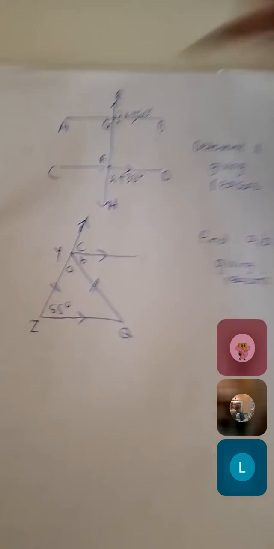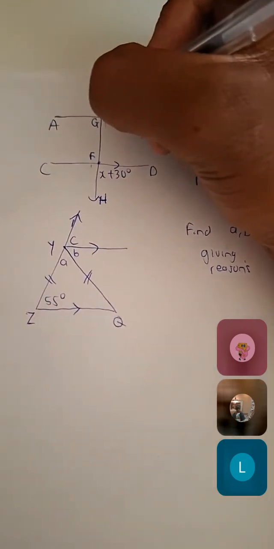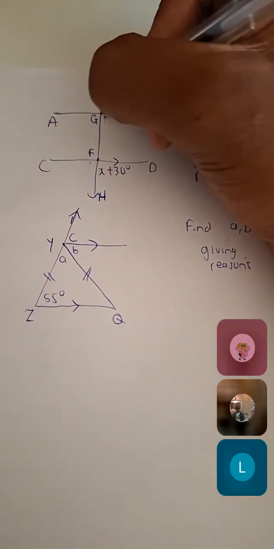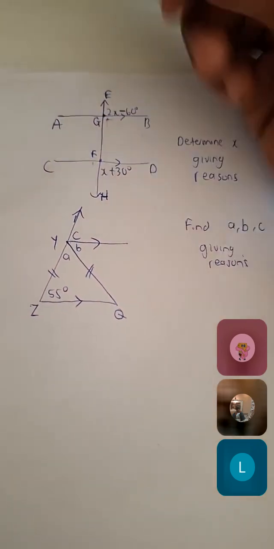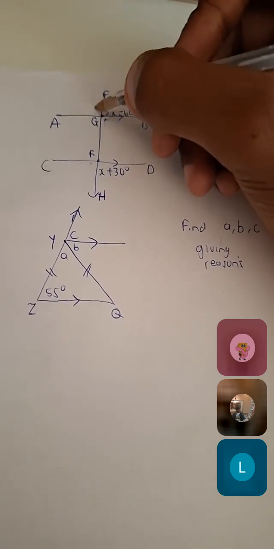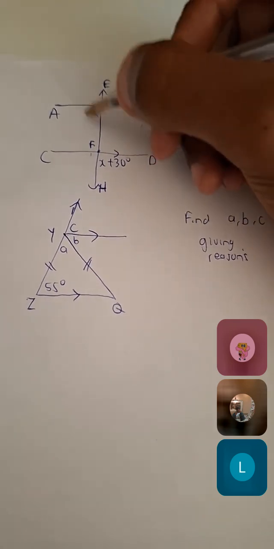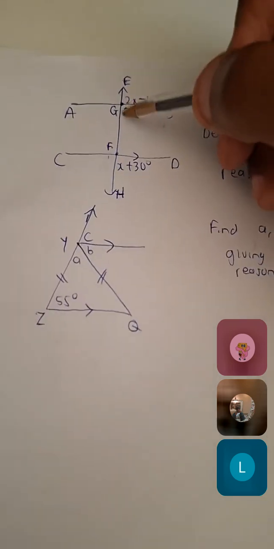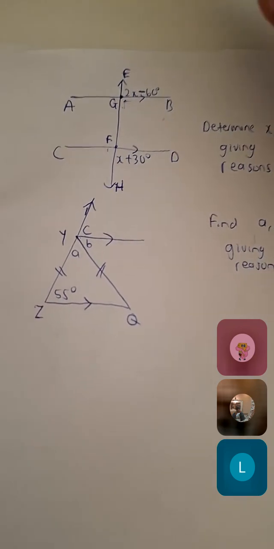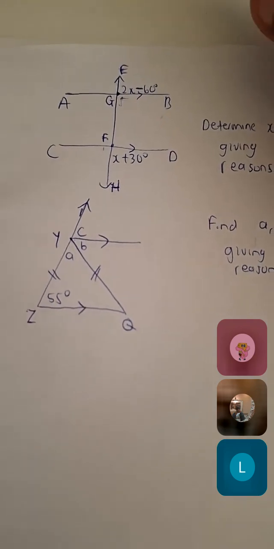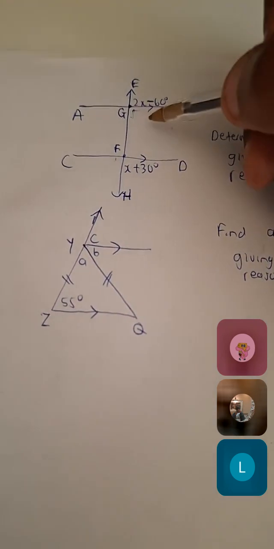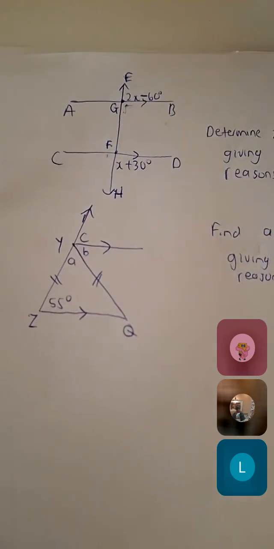You said G. Remember, G indicates this particular point, okay? Now, if you are saying to me G, remember, you are not being specific to me as to what angle you are referring to. So you need to specify the angle if you are basically taking that direction.